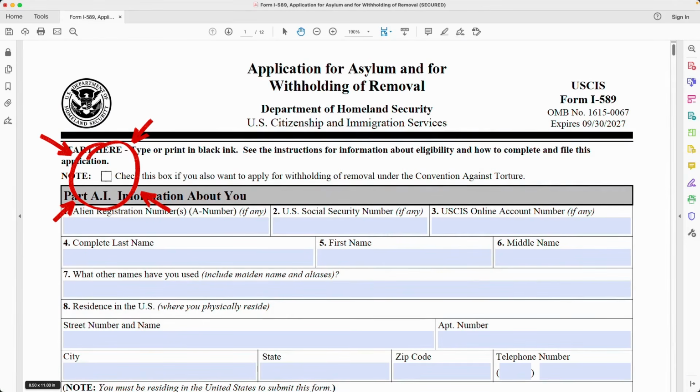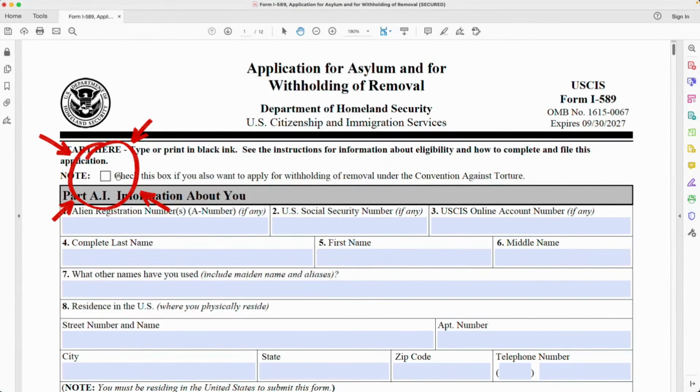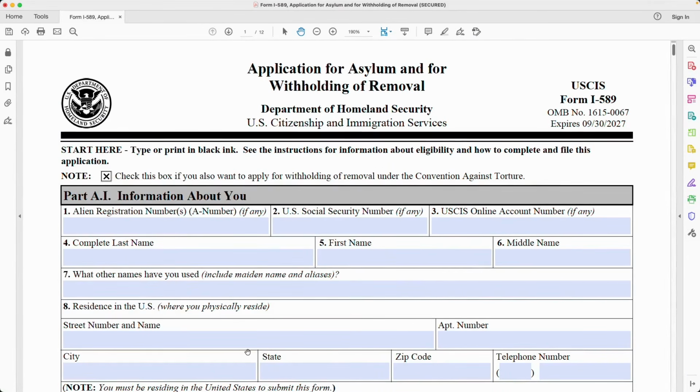There is no additional fee or form to complete to apply for both forms of protection. Most applicants check this box. Checking this box may be important so that you do not miss the opportunity to ask for all the forms of protection that may apply to you. We'll check it here in our example.